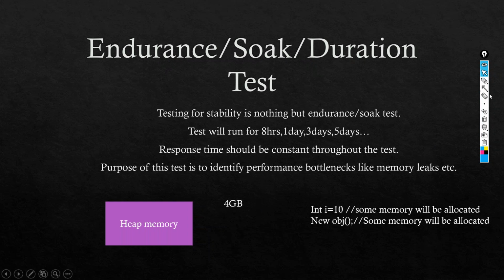For the first 1 hour, we are running the test with multiple users, let's say 100, 500 users, whatever it is. Now when these many users are running the application code in the back end, thousands of objects will get created using these statements, and obviously some amount of memory will be allocated from the max heap memory.